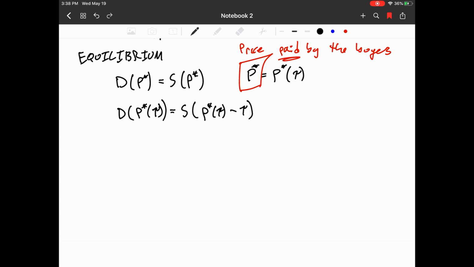In the past, I often like to write it as PB equals PS plus tau. Here, just for simplicity, we're going to use this notation, so then we don't have multiple functions going on.